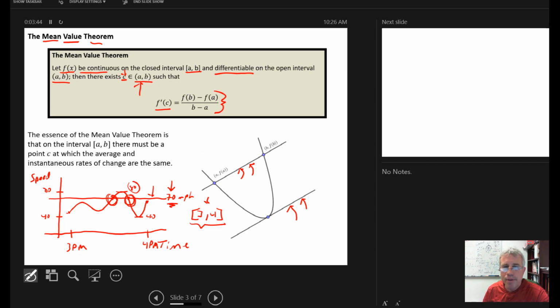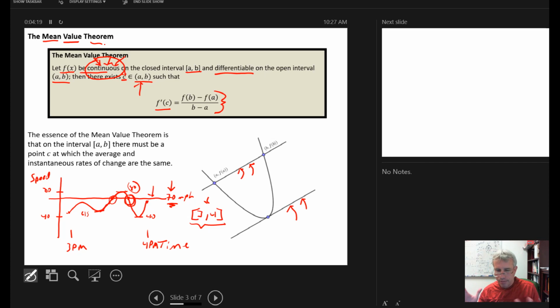And if you think about it, it makes sense, because if you're going between a low speed and a high speed, so let's say you're going from 45 miles per hour here up to 80 miles per hour here, can you get from 45 to 80 without doing 70? Well, the only way to get from 45 to 80 without doing 70 would be to jump over 70 miles per hour. And if you jumped over it, you would have a discontinuity. You would violate the claim that you have a continuous function.